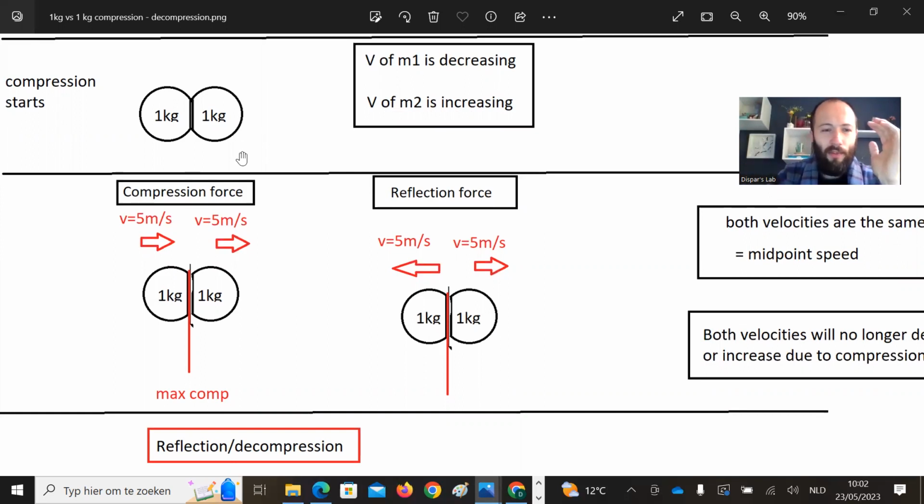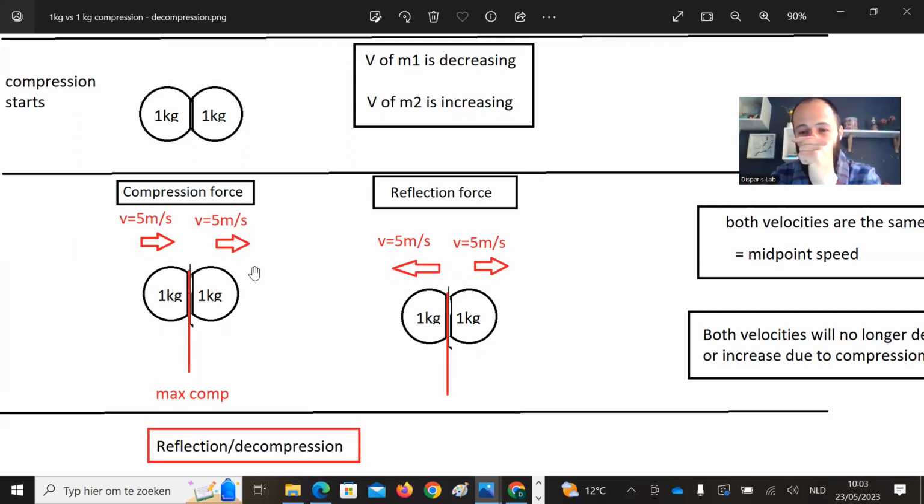At the maximum compression point, both are going at 5 meters a second. Then the reflection happens with the same force, so mass two will gain an extra 5 meters per second, and mass one will be reflected with 5 meters per second in the opposite direction.